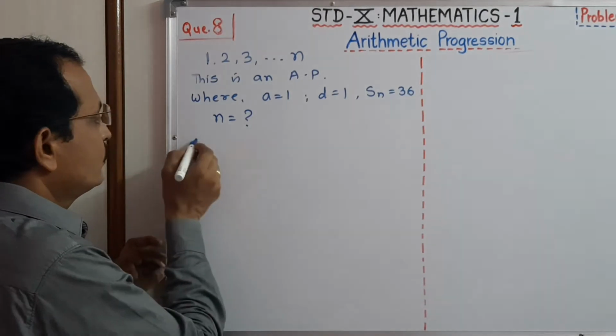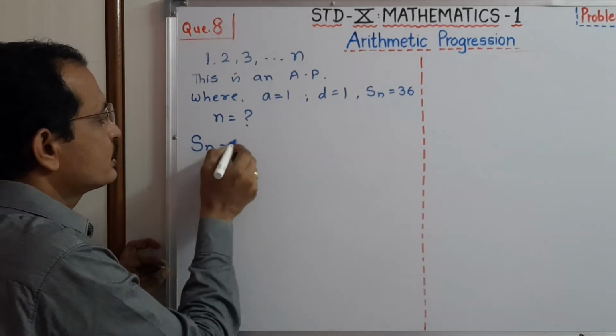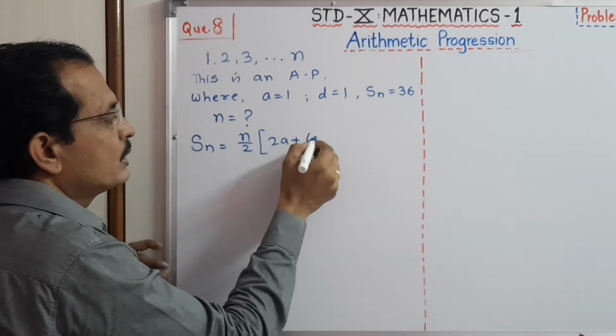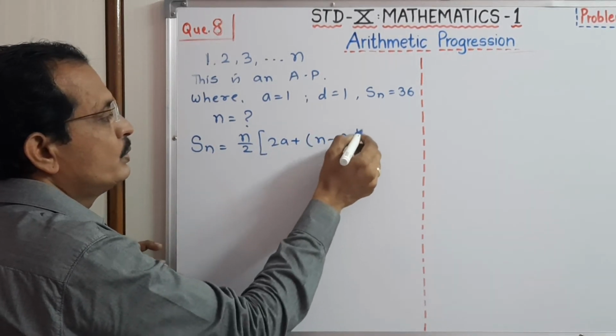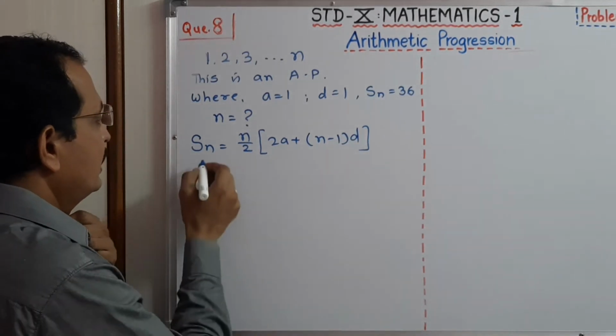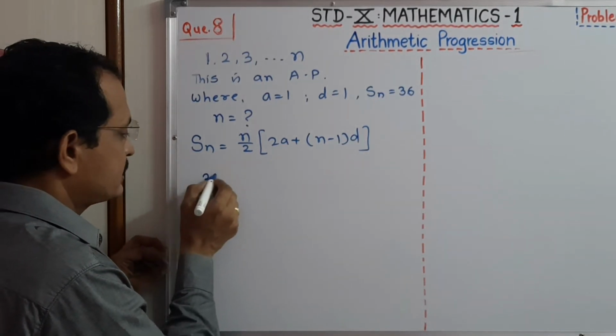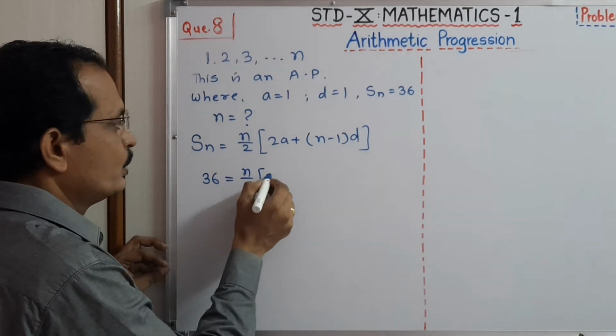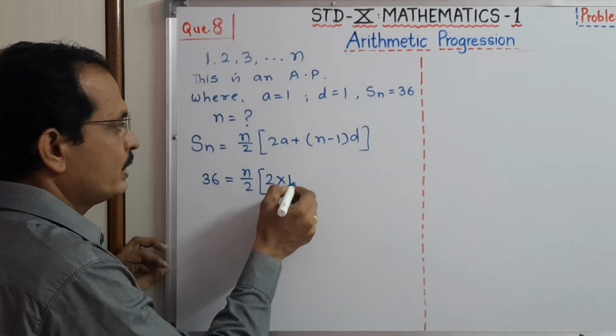Dear student, we have to use the formula Sn is equal to n upon 2 into 2a plus n minus 1 into d.